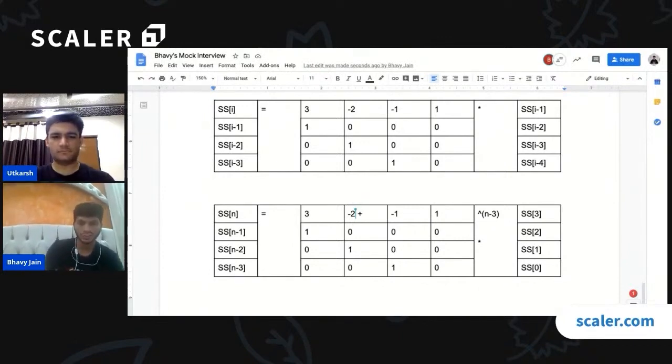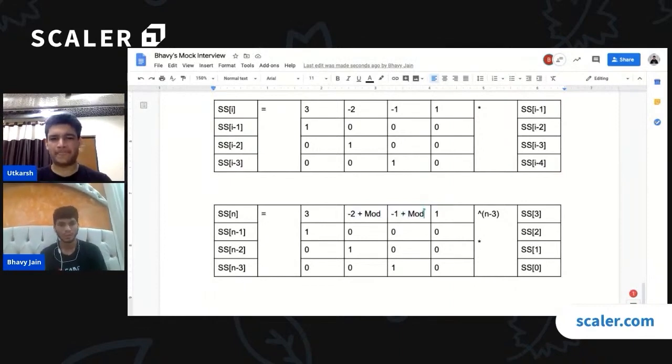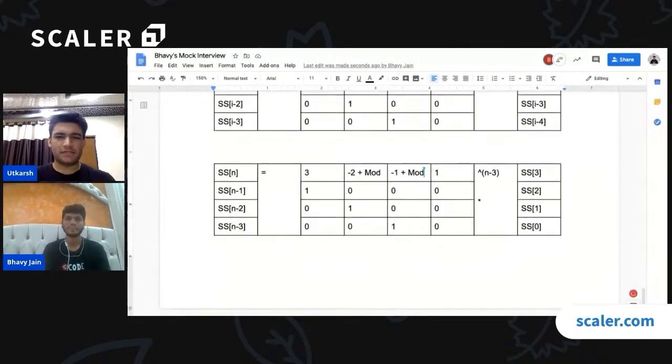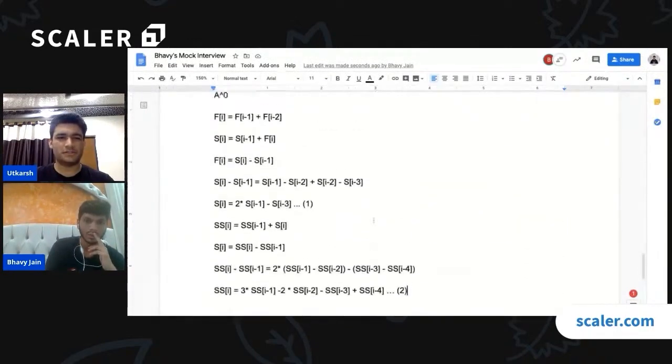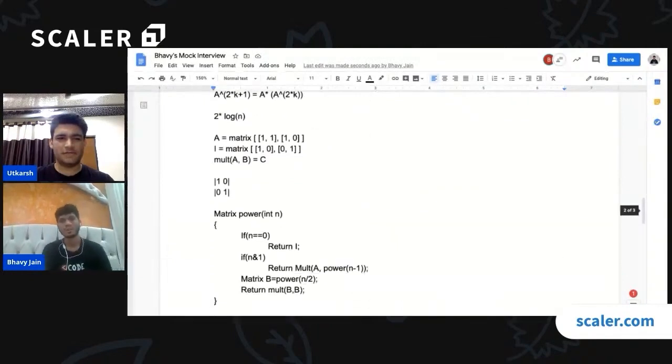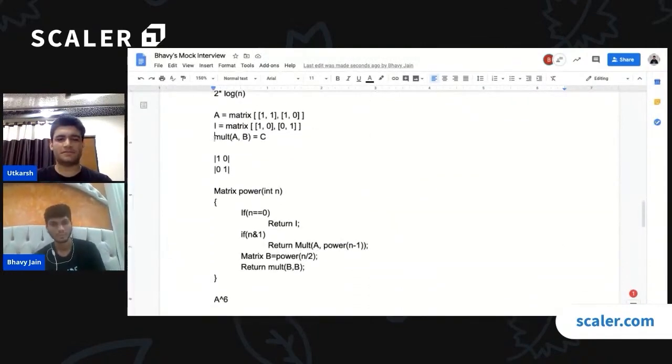Here also, since these are negative numbers, we will add mod: minus 2 plus mod and minus 1 plus mod, in order to do it modulo the given number. Can we write the code of that part where we are given input and we are finding these values? You can assume you have this power function and the matrix multiplication function.